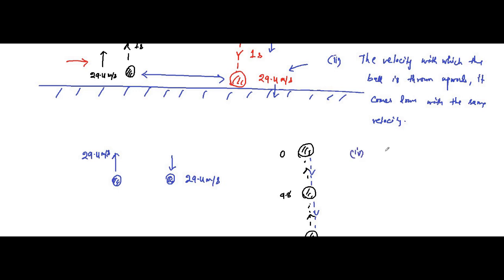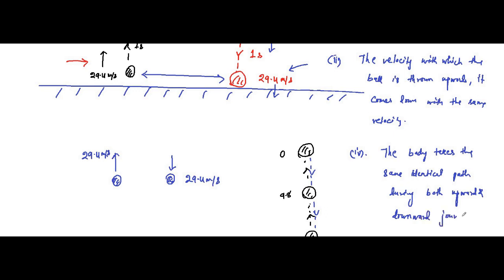So these are the important conclusions of motion under gravity. The body takes the same identical straight line path during both upward and downward journey.